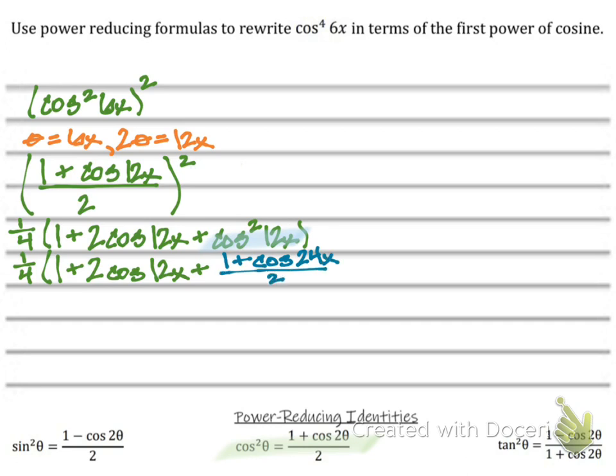I didn't do that step, but here theta is 12x, right? So 2 theta is 24x.